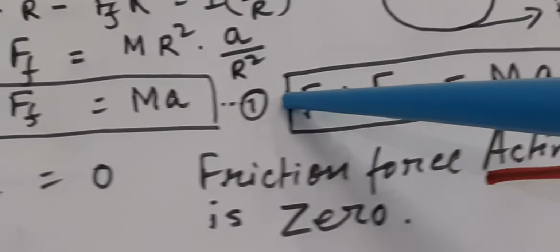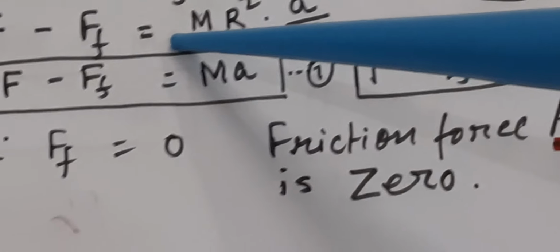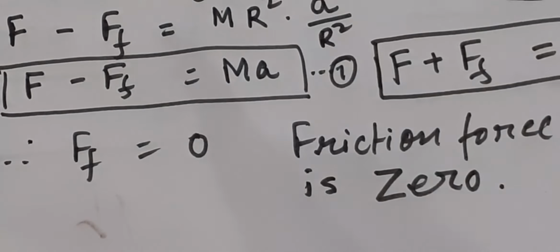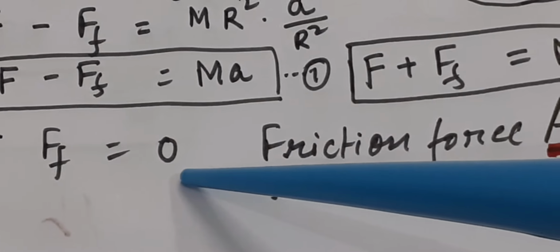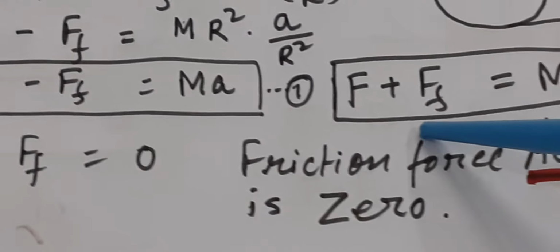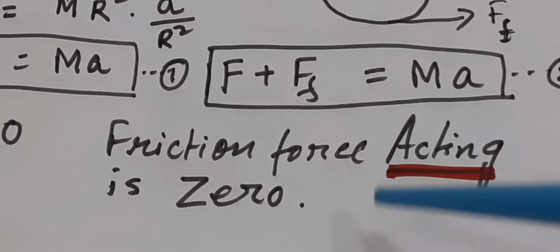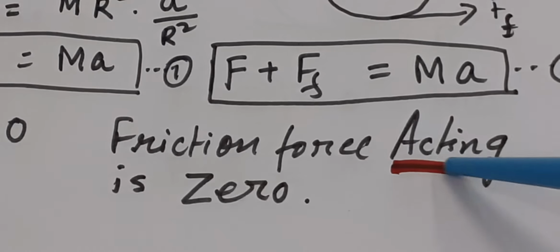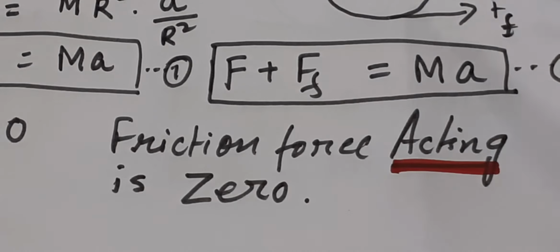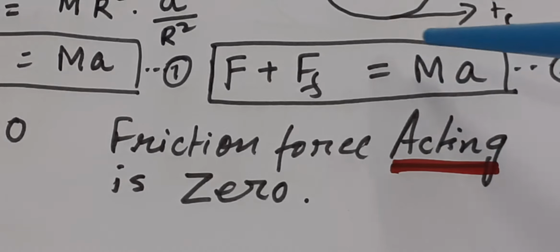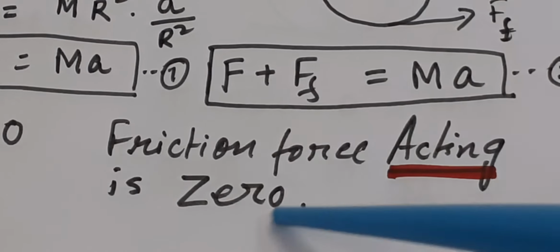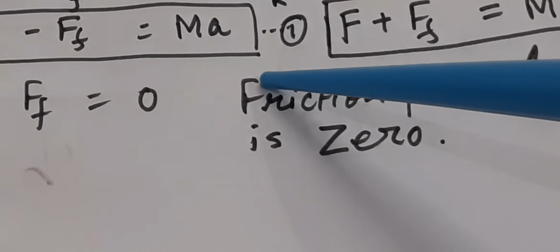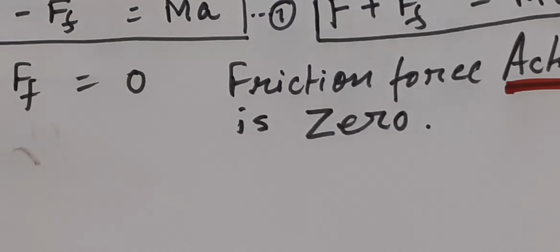Now from here we can see that F suffix F, the friction force acting on the system, will be 0. That means friction force is 0 here. There is no friction force playing on this object as enough friction is available here. That is the condition, no slipping is taking place.